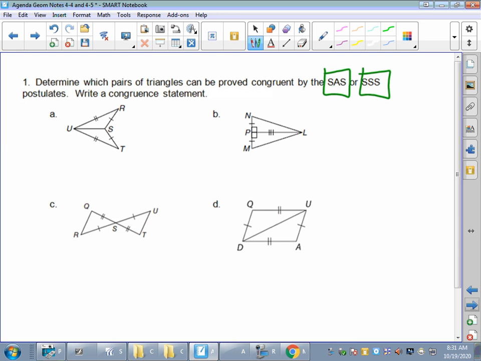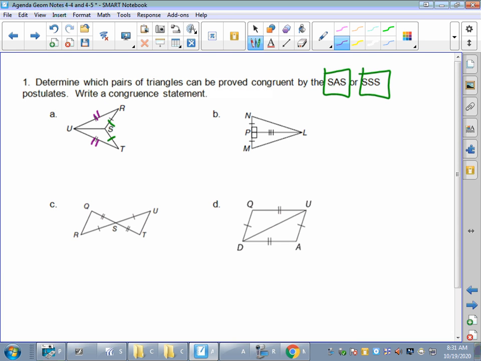Here's the thing, there's something sneaky from section 4.3 that we haven't done yet, and so I want to make sure I mention this. Notice how in example 1A, we know that side RS and TS are congruent, right? They're marked with a single dash. We know that side UR and UT are congruent, right? Because they're marked with a double dash.